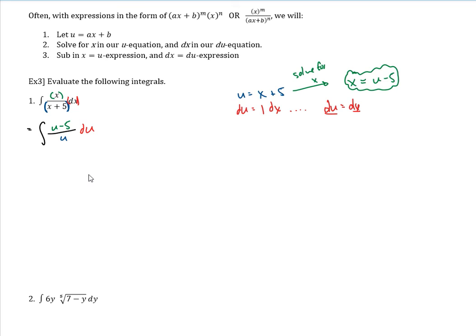Now this becomes a better problem, because I have a monomial in the denominator, I can now rewrite it as the integral of u over u minus 5 over u, and then du still at the end.